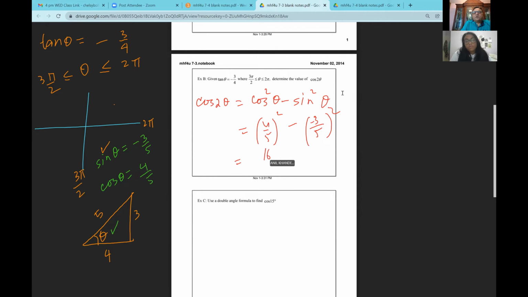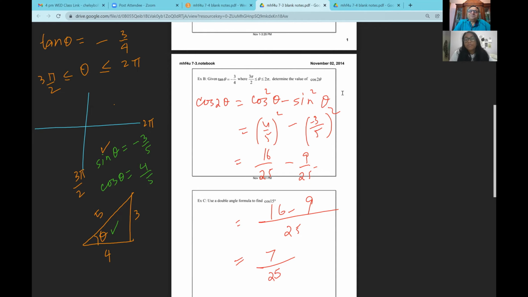So 16 over 25 minus 9 over 25. So 25 is the common denominator. 16 minus 9. What do you get? 7 over 25, right? My bad. So that becomes the answer, and this is how you're going to find the solution.